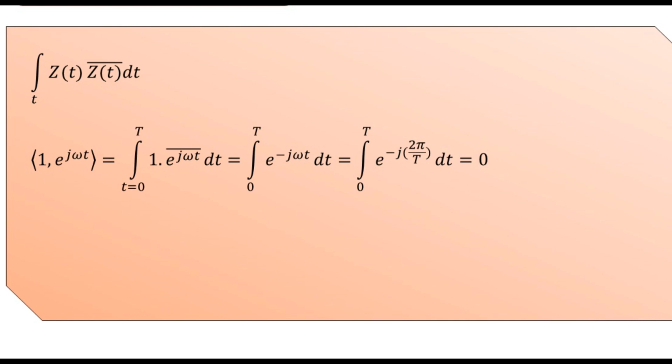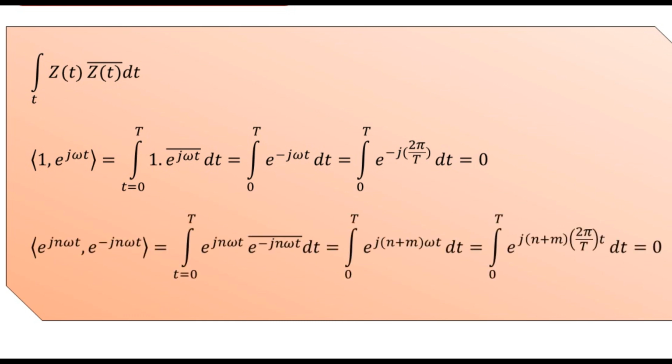Now next to that, let us talk about the complex exponential e to the power j times n omega t and e to the power minus j times m omega t here. So here we consider n and m to be positive integers. Thereupon we represent the integration t is equal to 0 to capital T for e to the power j n omega t multiplied by the complex exponential of the second, e to the power minus j m omega t, then dt.